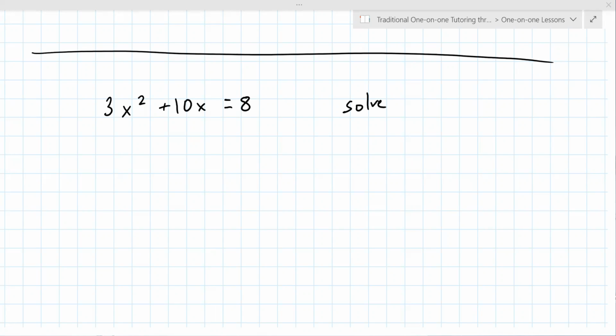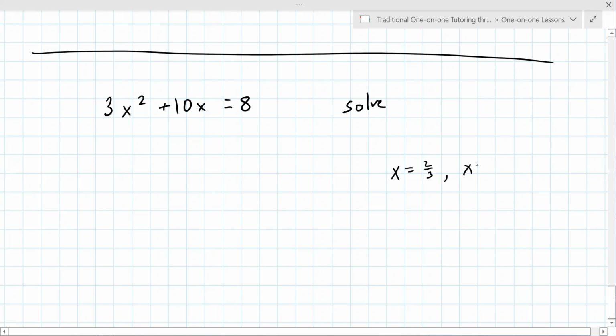I got x equals 2/3 and then -4. Yes. Okay, I think that's right.